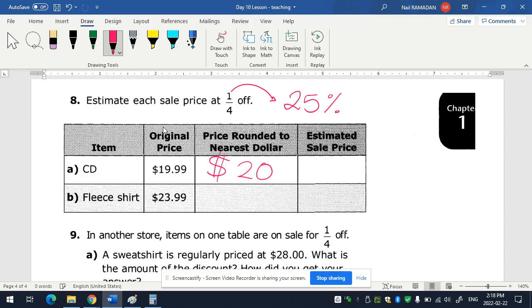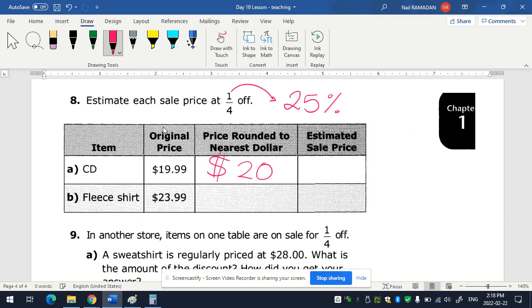And by the way, this is not just sales. If I ask you, give me 30% of your money, that means you get to keep how much? What's 100 minus 30? Not 60. 70.